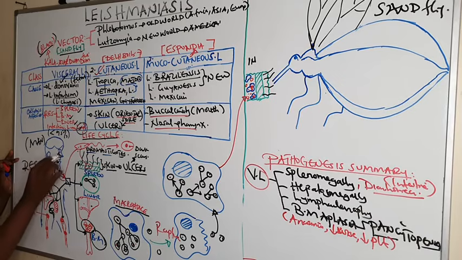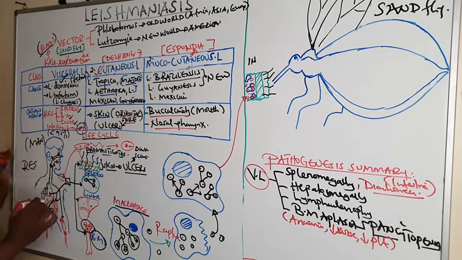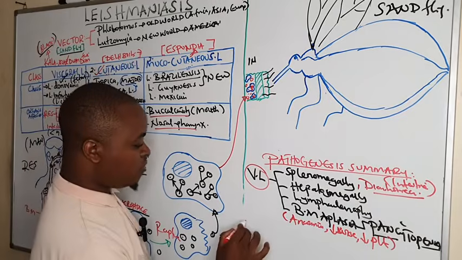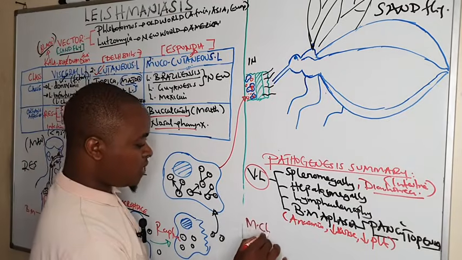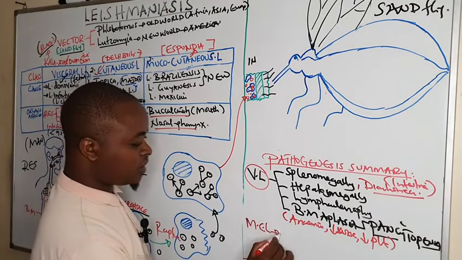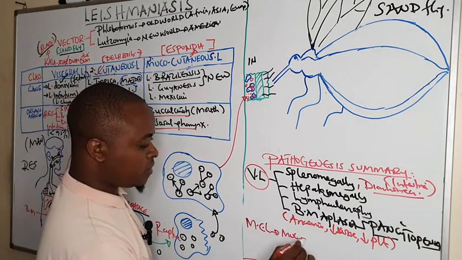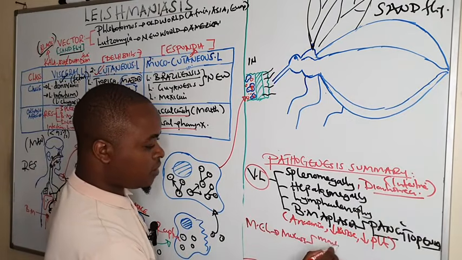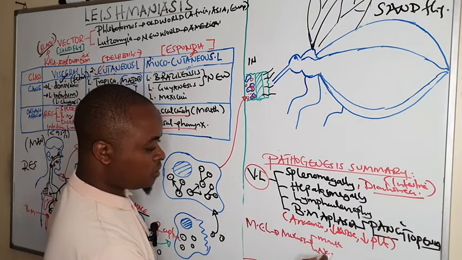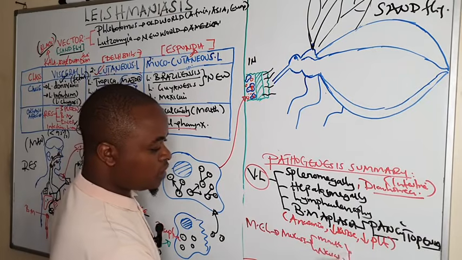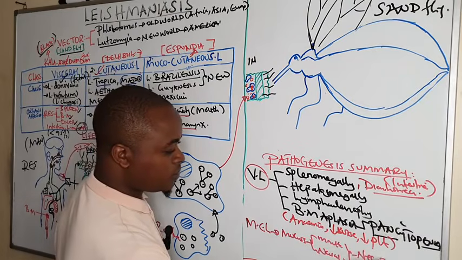So these are the sites where muco-cutaneous leishmaniasis affects. And when they multiply, they lead to what we call necrosis of the mucous membrane. We are on muco-cutaneous leishmaniasis. This affects the mucous membranes, that is the mouth and the nasal cavity, leading to tissue necrosis.